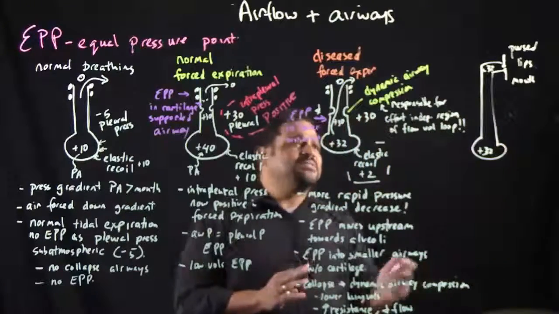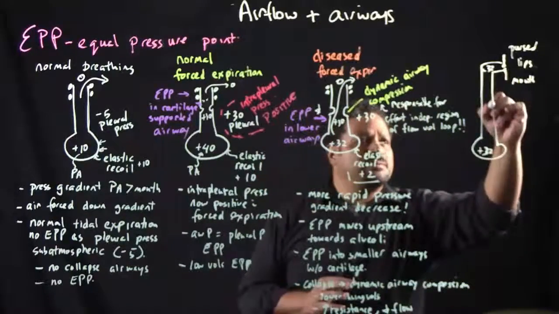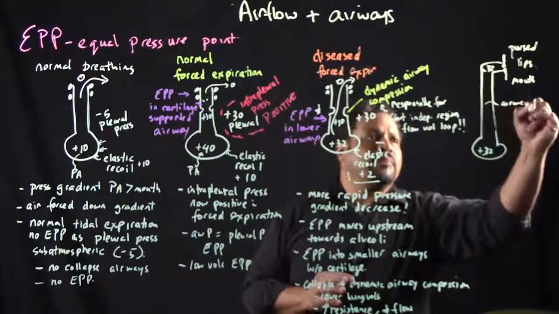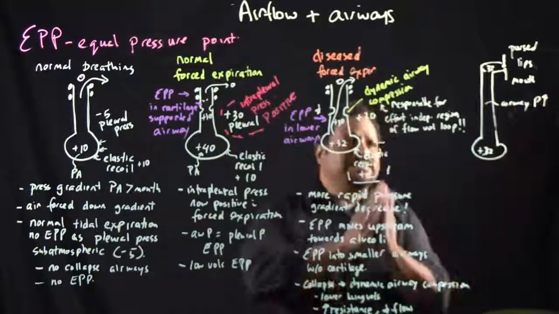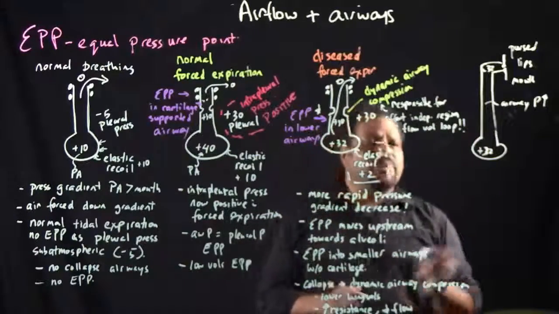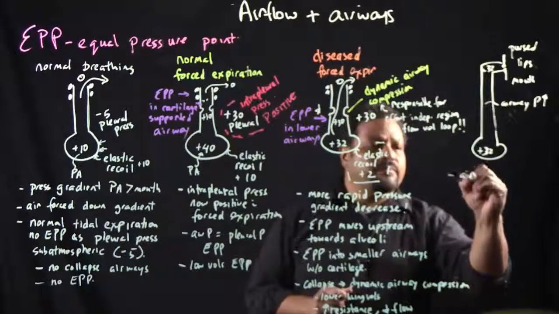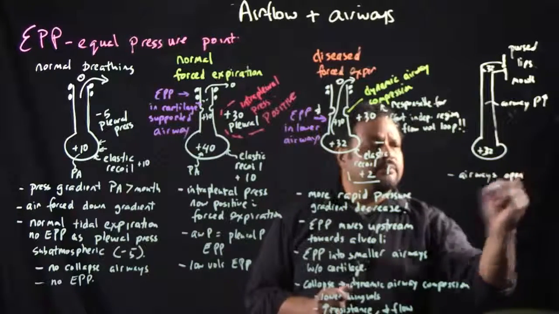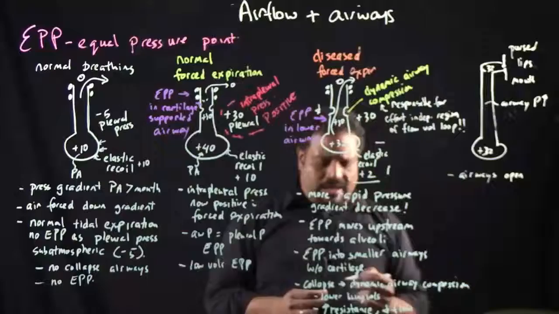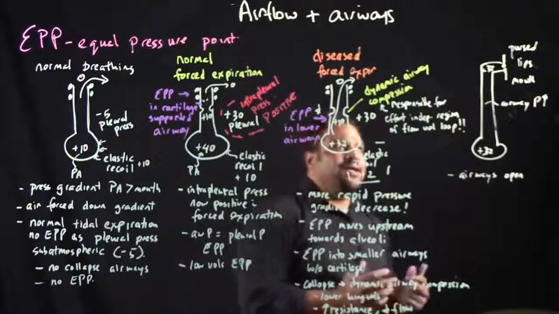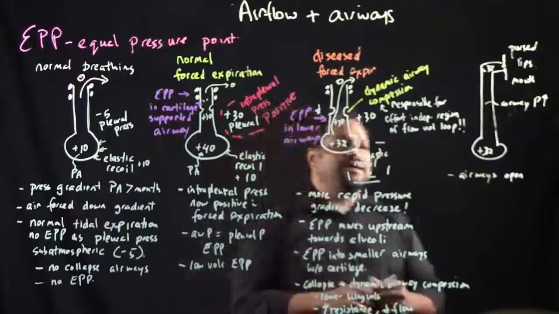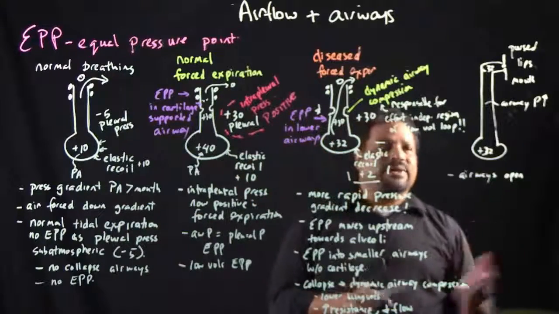You're increasing that airway pressure, and you basically keep those airways open, okay, with the pursed lips. Some people with emphysema breathe that way, and that's just an adaptation to keep those airways open and prevent dynamic airway collapse.